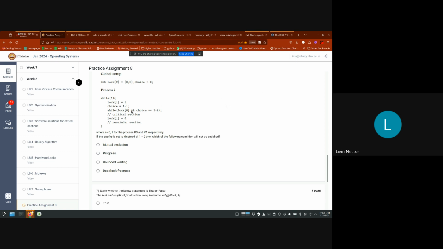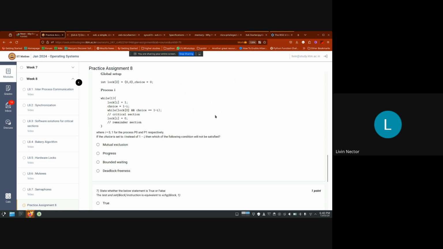Assume no context switch occurs. We'll go here again, and this choice will be I, and this will also be equal to I, right? Even though the other guy, lock of 1 in process 0, wants to enter, we can go here multiple times since choice is equal to I. But if choice is equal to 1 minus I, we have to wait here and go to that process and check if he also wants to go.